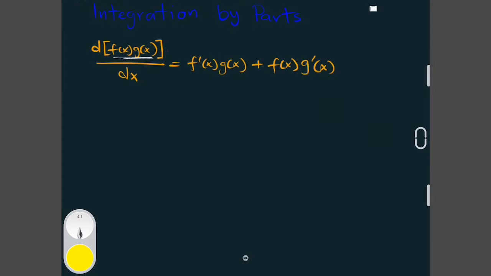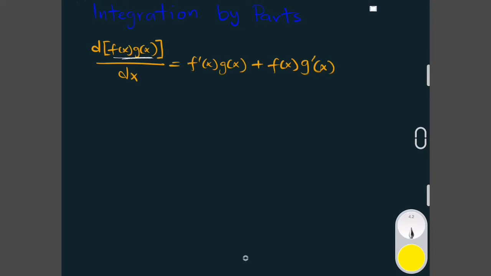So we know from our course in differential calculus, Calculus 1, if we were to take the derivative of a product of two functions, we would get this.